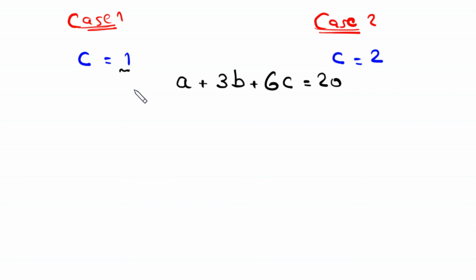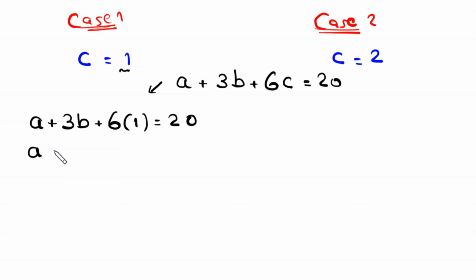When c is 1, this becomes a plus 3 times b plus 6 times 1 equal to 20. Subtract 6 from both sides, this becomes a plus 3 times b equal to 14.